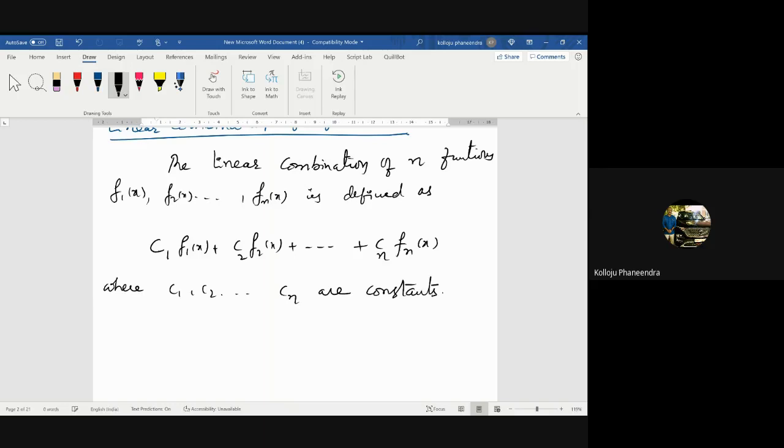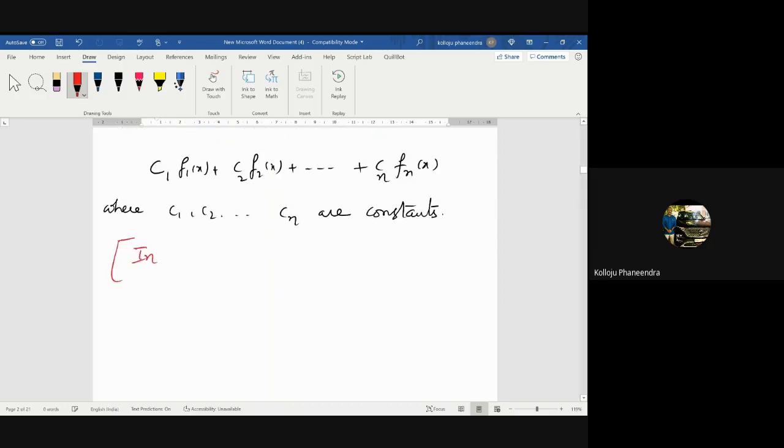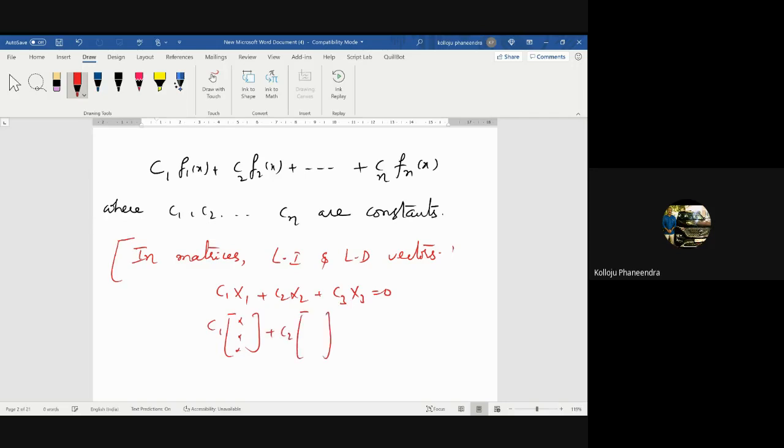Do you remember in matrices I told you one concept? In matrices, linearly independent and linearly dependent vectors. Do you remember? Okay, what is there? C1 X1, C2 X2, and so on, C3 X3 equal to 0. Then it gives C1 into some vector, plus C2 into another vector.